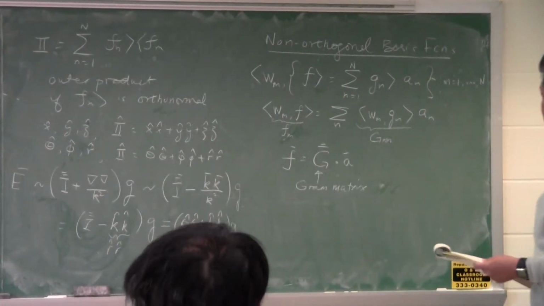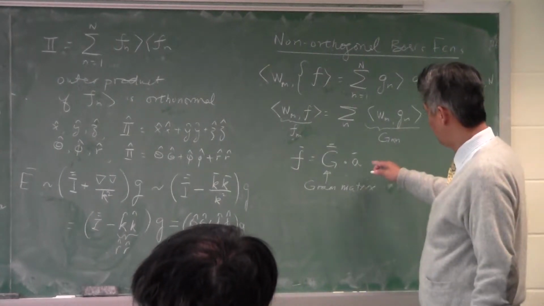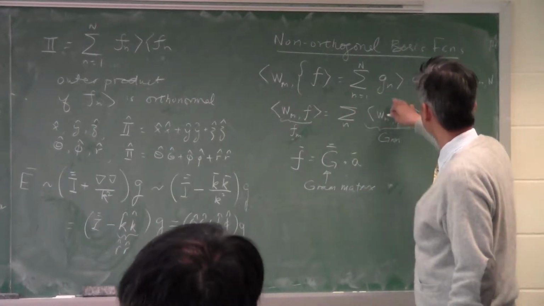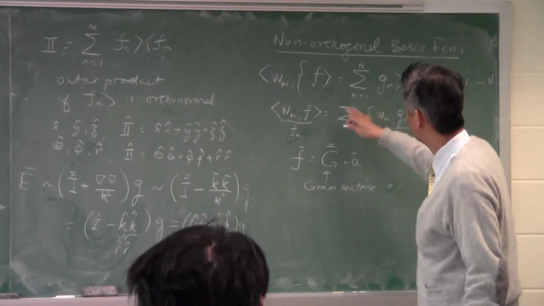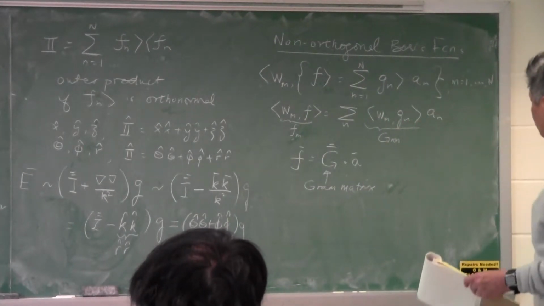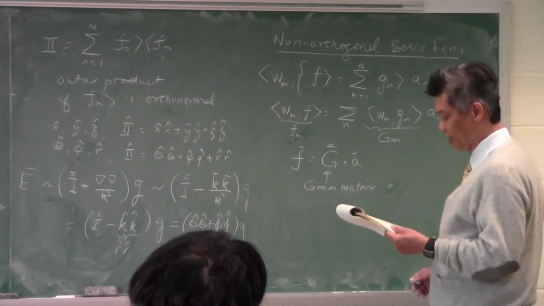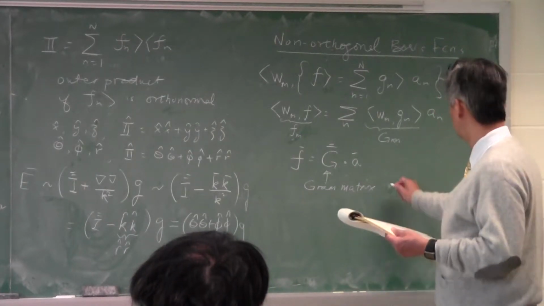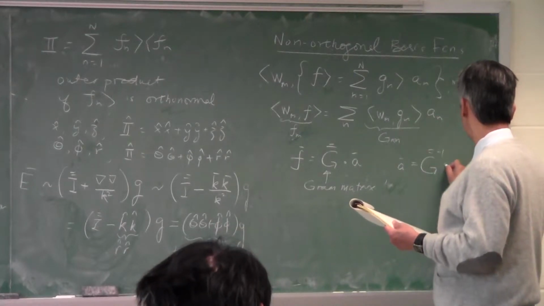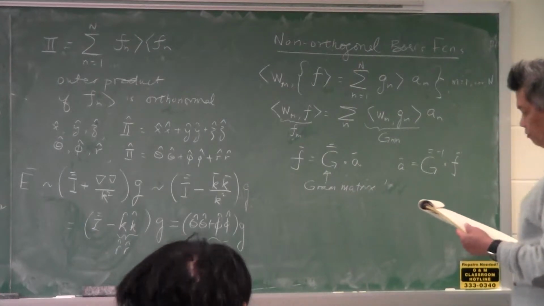This matrix would have been a diagonal matrix if this had been chosen to be a set of orthogonal vectors. But we don't choose this to be orthogonal. In general, this is not diagonal. So from this equation, you can get that A is G inverse dot F. Okay, G inverse dot F.